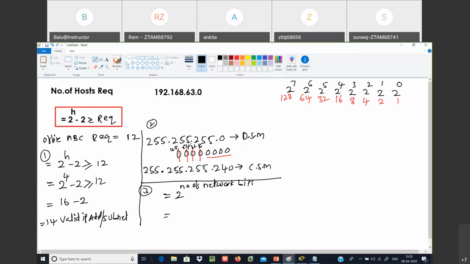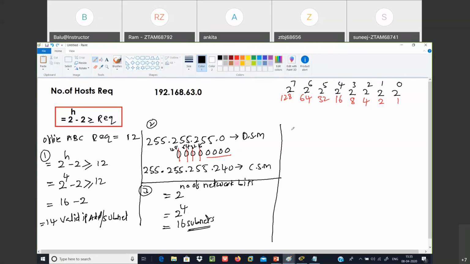How many network bits are converted here? 2 power 4, which is 16. So 16 subnets, not hosts; hosts we already calculated. Here 16 subnets. Perfect.